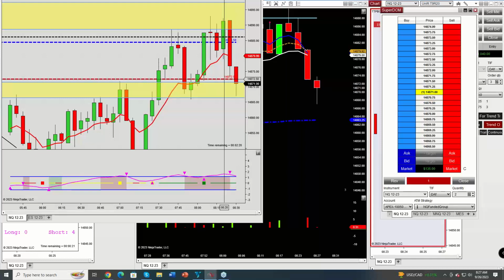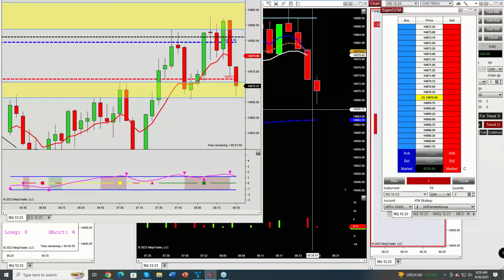We could bounce back to 79 and fail again. If this 30 range fails, I'm going to be short. If this 30 range closes and gives me another candle, I'm going to add into the trade. We'll push down to at least 62 and then break down.